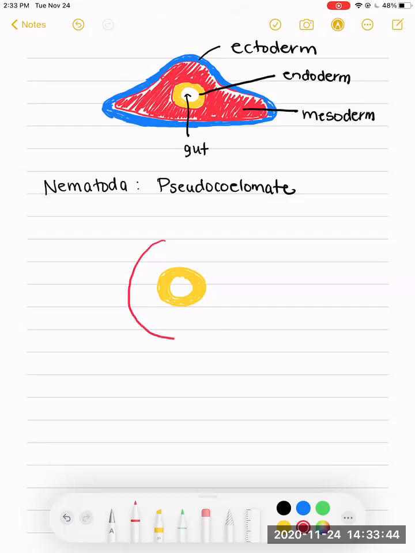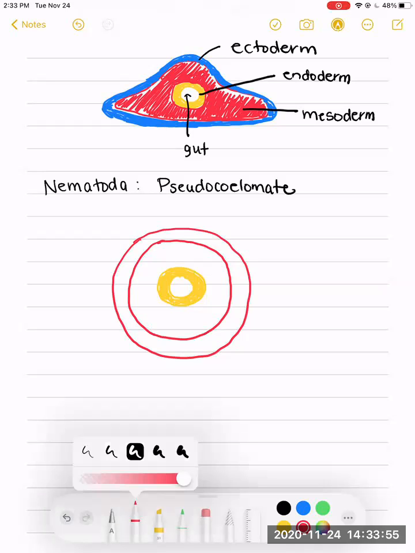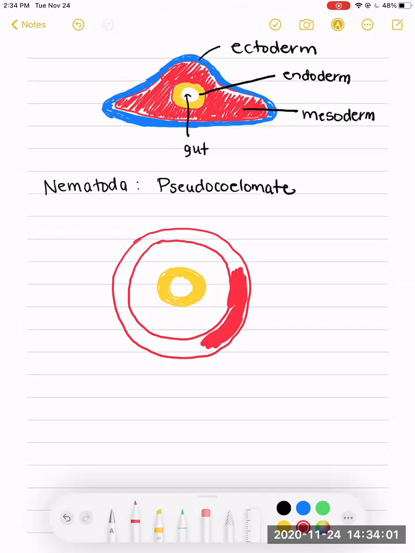Outside of that space is a layer of mesoderm. And then outside the mesoderm is going to be a layer of ectoderm. So sorry, I'm not doing this perfectly, but I just want to paint a picture for you how this looks. Okay, outside of that, ectoderm.